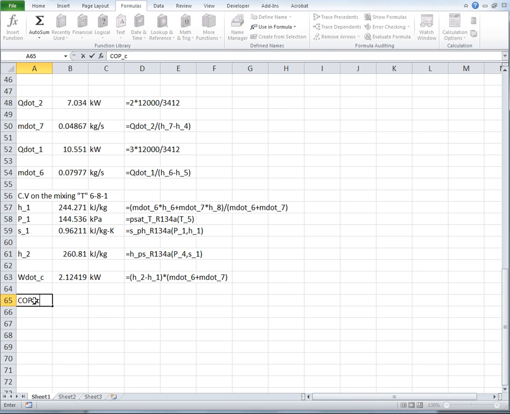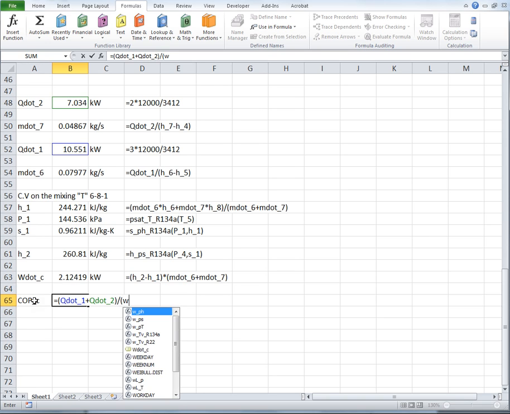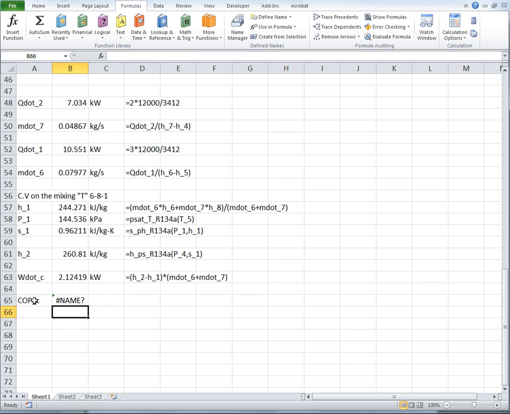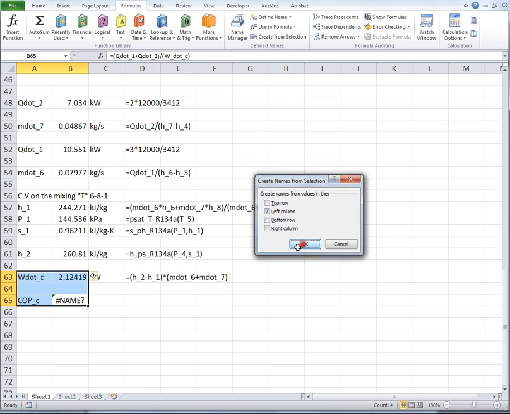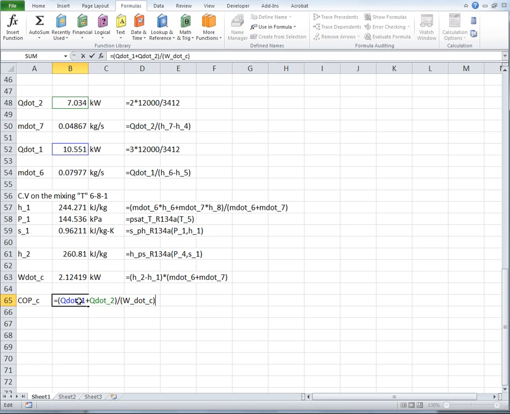So the COP for cooling we would just write as Q dot 1 plus Q dot 2, those are both in kilowatts, divided by W dot for the compressor. I thought I had that in there. Oh, I see. Well, maybe I did, I just mistyped it. Okay, so it's about 8.3, which is very excellent.